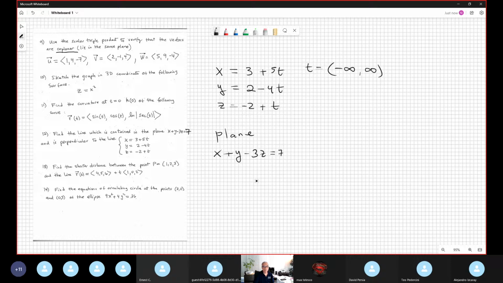Okay, and they want to find another line. So this is the given line. This is the given plane. You need to find the line which is containing. What does containing mean? So I suppose that this is the plane.